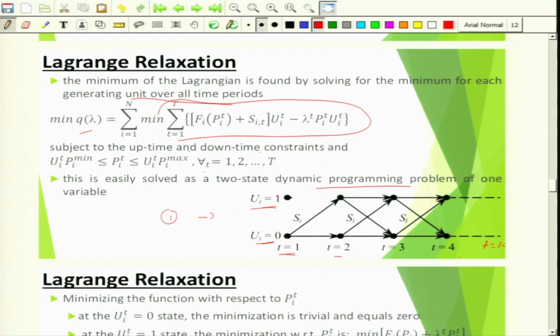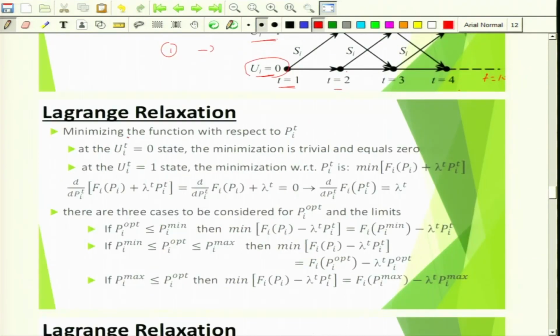If it is greater than 0, then you can choose ui equal to 0, that means you consider that particular generator to be off for that particular time interval. Now, minimizing the function with respect to pi of t at ui of t equal to 0, that means the off state, the minimization is trivial and equals 0, that is what I was telling.